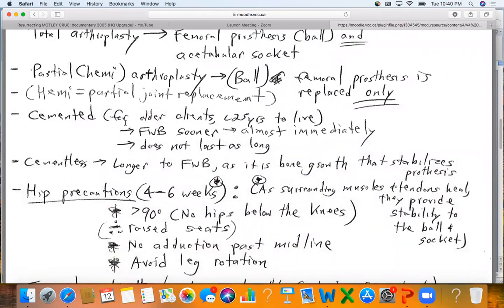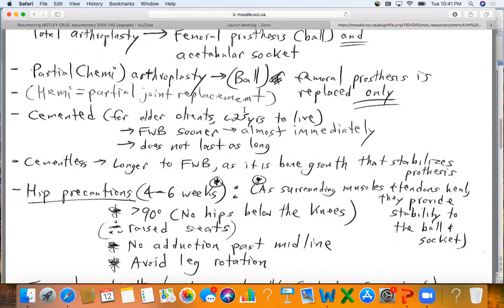I just showed you a picture of how they will hammer in the prosthetic into the femur, with the ball portion of the hip joint on the end of it. So this would be either for a partial or a total hip replacement.